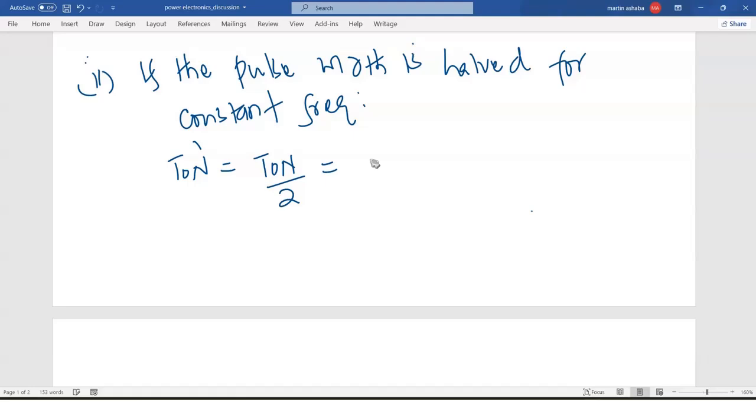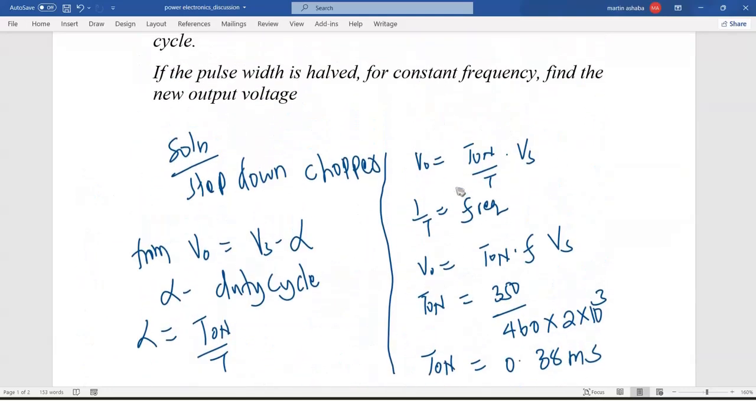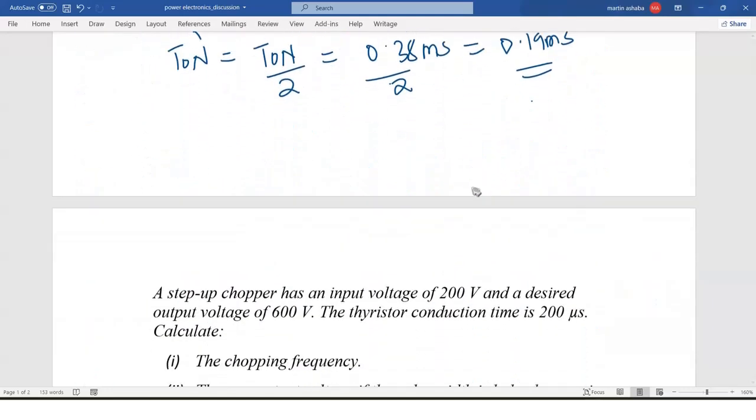So this is 0.38 milliseconds divided by 2, and this is 0.19 milliseconds. Now we are going to see what happens to the output voltage.